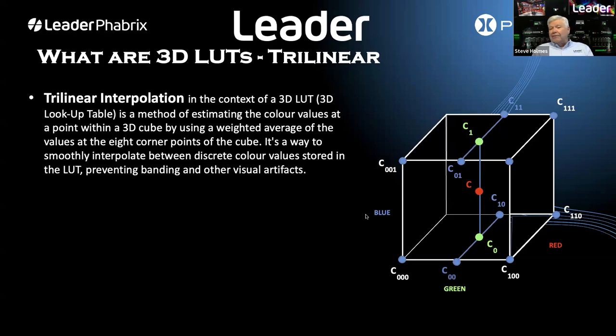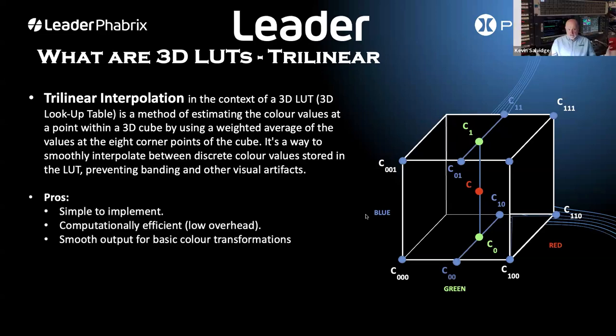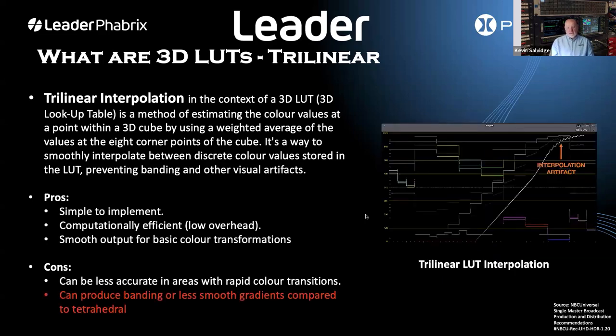The advantage is that it's simple to implement, very efficient, has low processing overhead, and smooths out basic color transforms. The downside is it can be less accurate in areas where there are rapid transitions. On a waveform display, a trilinear LUT interpolation can produce banding or less smooth gradients compared to the tetrahedral one.